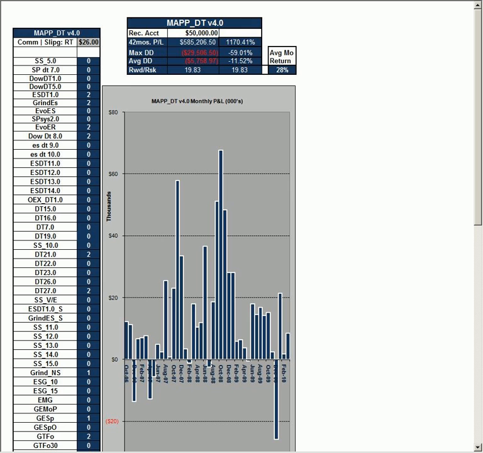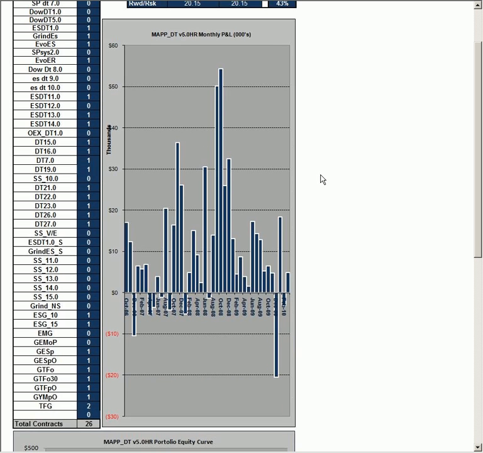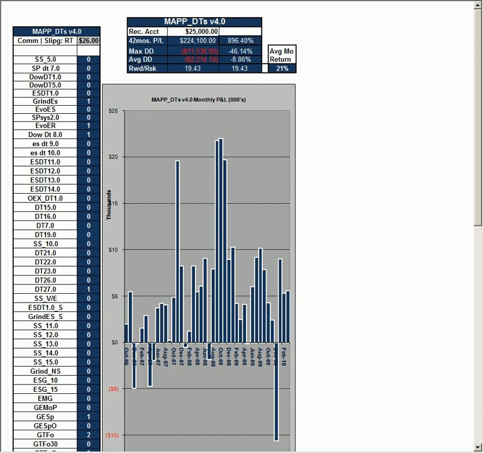There's the GTFO. MAPDT version 4.0 is a $50,000 account, 59% max drawdown, 4.0 HR, 2,400% return, 118% maximum drawdown. That's been the maximum. Average is only 23%. And there's the 5.0 HR, 1,800% return, 40% a month after slippage and commissions, 90% return, again, risk capital for these portfolios.